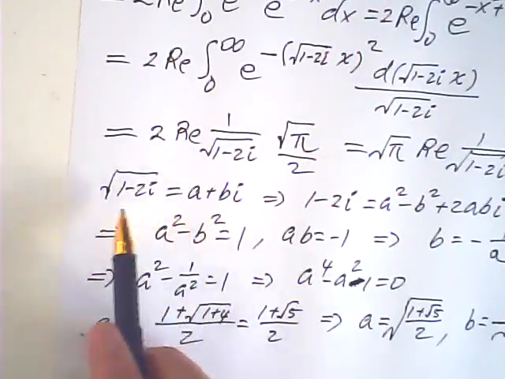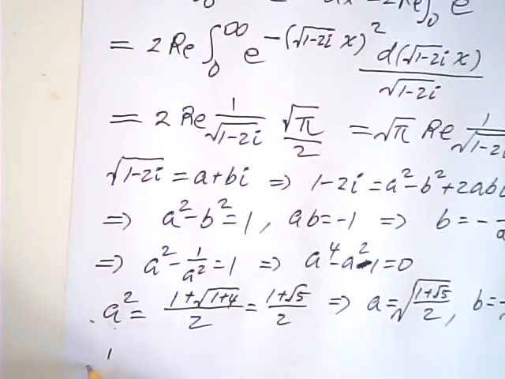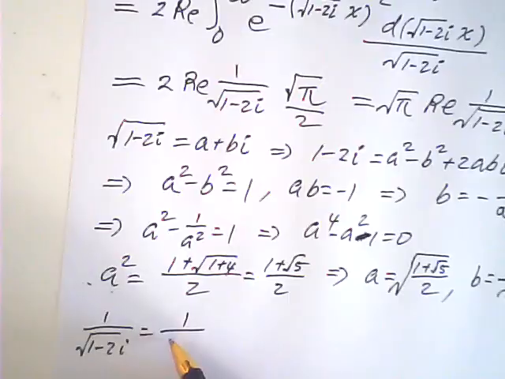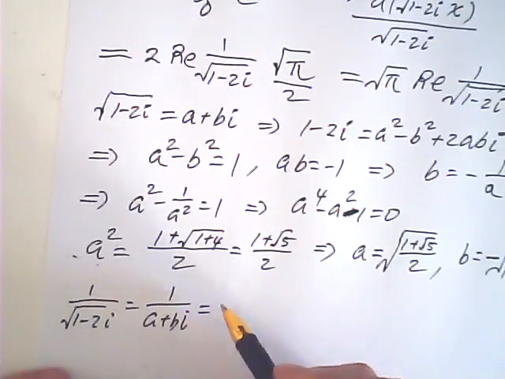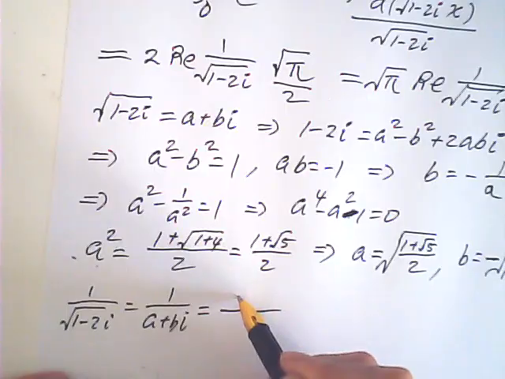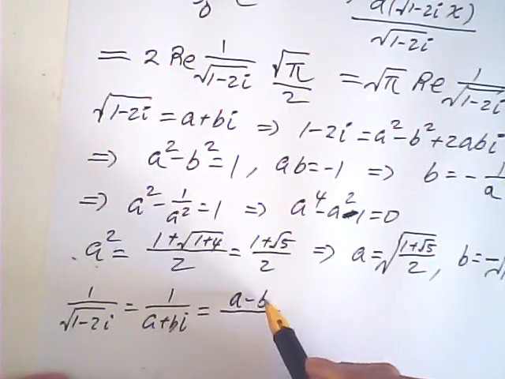Now we find the square root of this one. 1 over the square root of 1 minus 2i is equal to 1 over a plus bi. So we multiply by the conjugate, a minus bi.